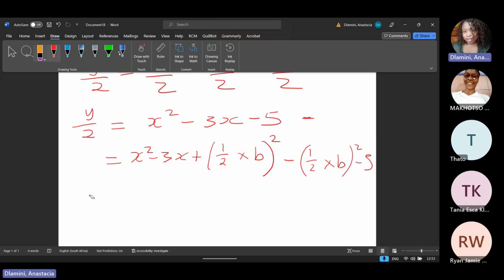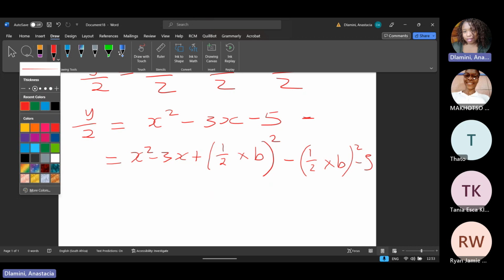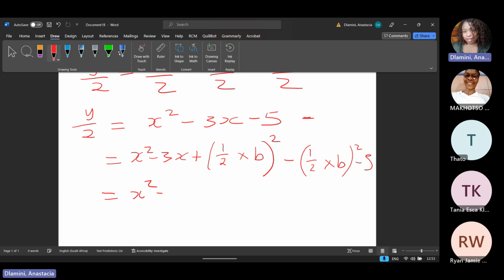So in our case, this equals x squared minus 3x plus half of B, which is minus 3, squared, minus half of minus 3, squared, minus 5.